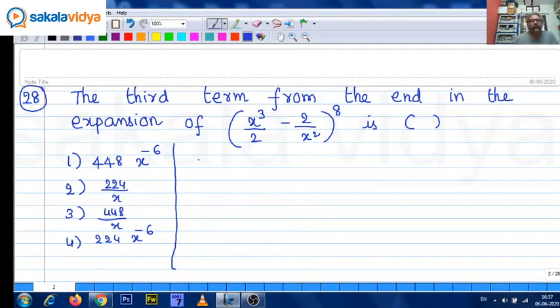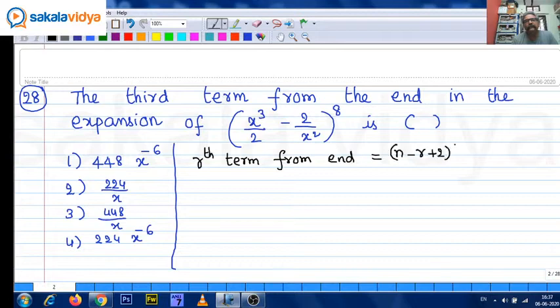So we have one formula: rth term from end equals the n minus r plus 2 term from beginning.